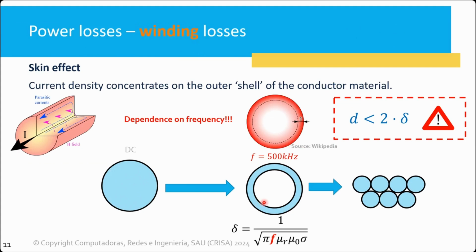The rest of the conductor is basically useless and just creates heat dissipation. So what we need to do in order to reduce this effect is use smaller diameter wires to carry that current at that frequency without any trouble. And remember, this effect is worse with higher frequency.